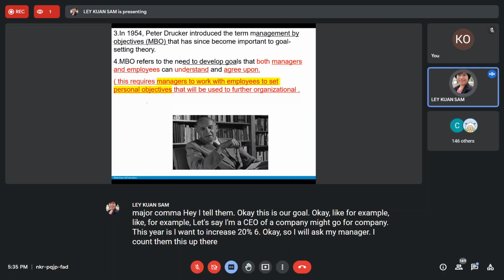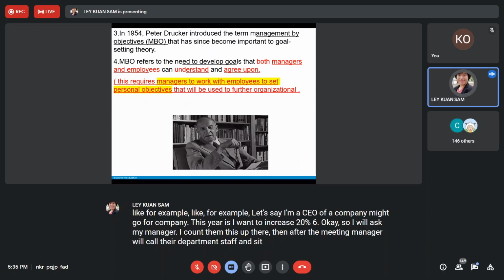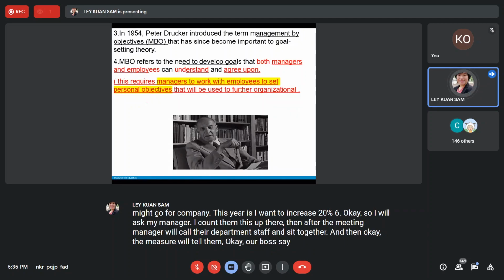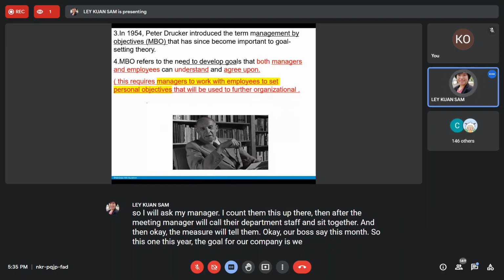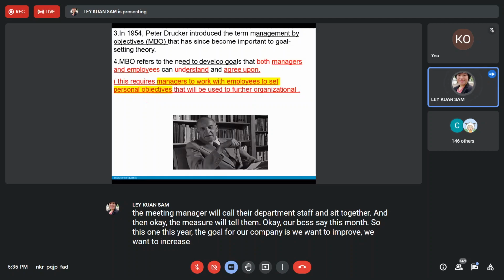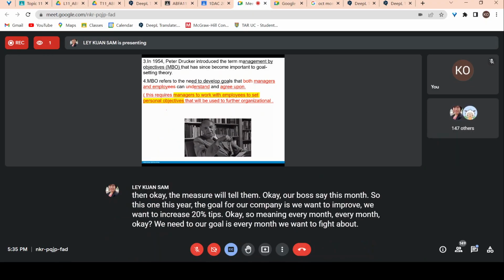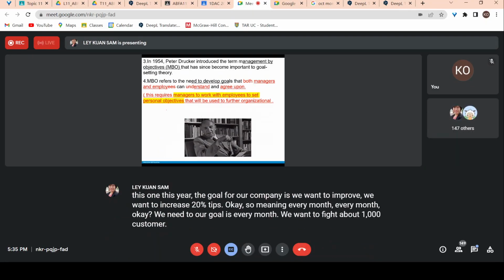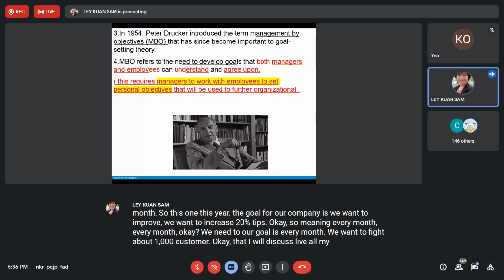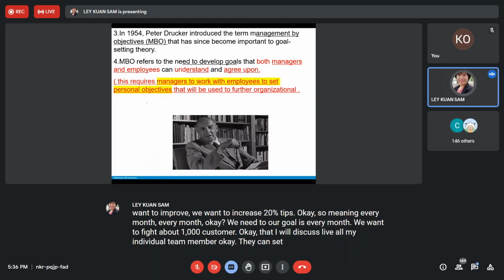After the meeting, the manager will call their department staff and sit together. The manager will tell them, our boss says this year the goal for our company is to increase sales by 20%. So our goal is every month we want to find about 1,000 customers. Then I will discuss with all my individual team members, and they can set their own goal.